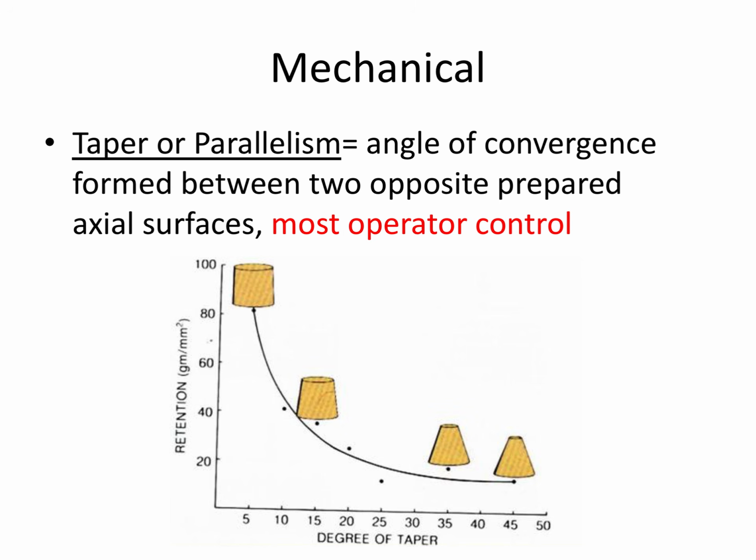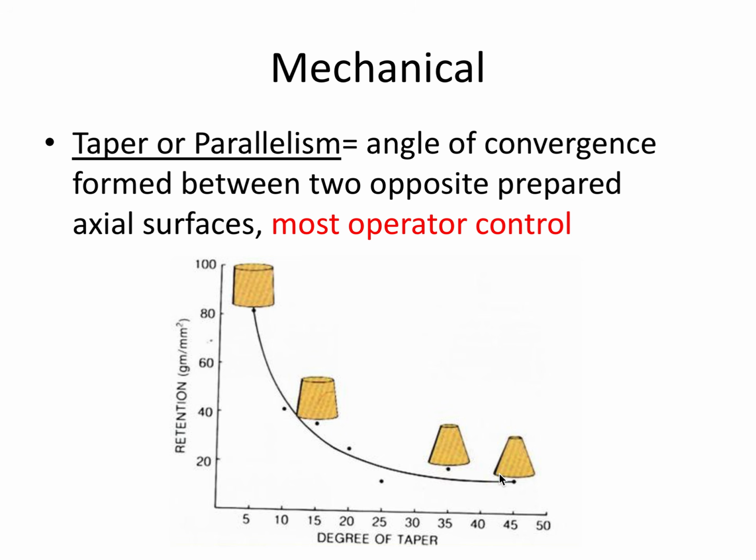All right, the next term I want to go over is taper or parallelism. And this is the angle of convergence formed between two opposite prepared axial surfaces. So basically, how much the crown prep is angled in as you go towards the occlusal surface. So this has very little taper, it's sort of cylindrical.